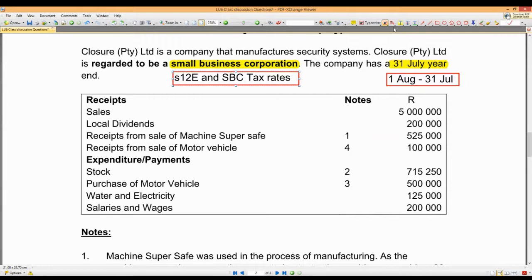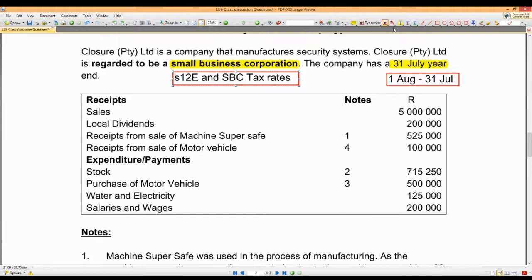What flag needs to go off if you see a local dividend? Ma'am, isn't it whether it's import or export? Okay, now remember the import-export has to do specifically with the VAT component.